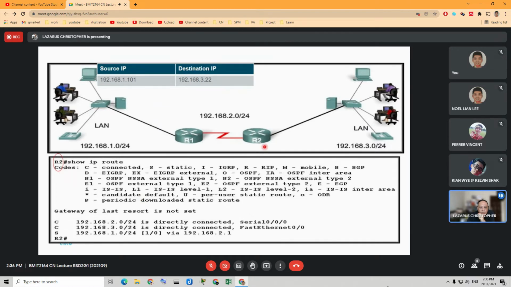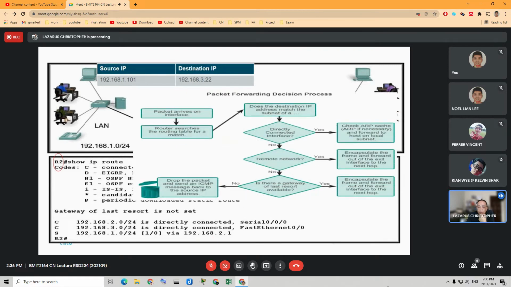So for R2, this is directly connected, so we'll see 2 and 3. So remote to R2 is 1, you can see there. Imagine this is dot 1, dot 2 here. As you can see, 192.168. So it's just here. Source IP is from there to go to there.